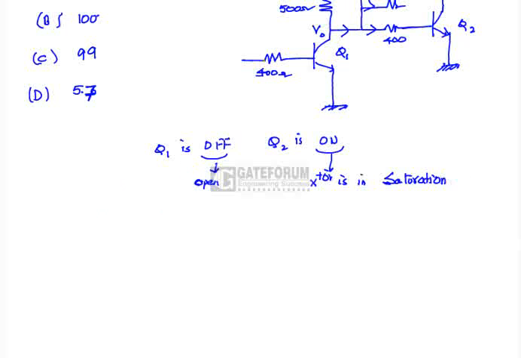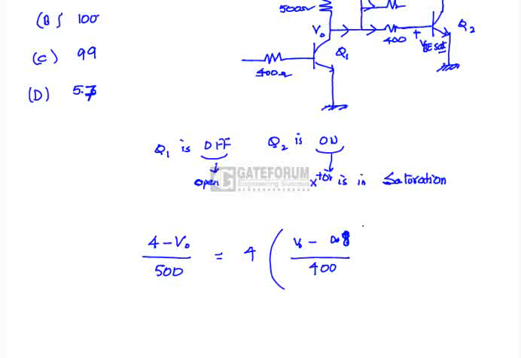Here, first (4 - V0)/500 = 4(V0 - 0.7 - 0.8)/400, because VBE sat is 0.8.